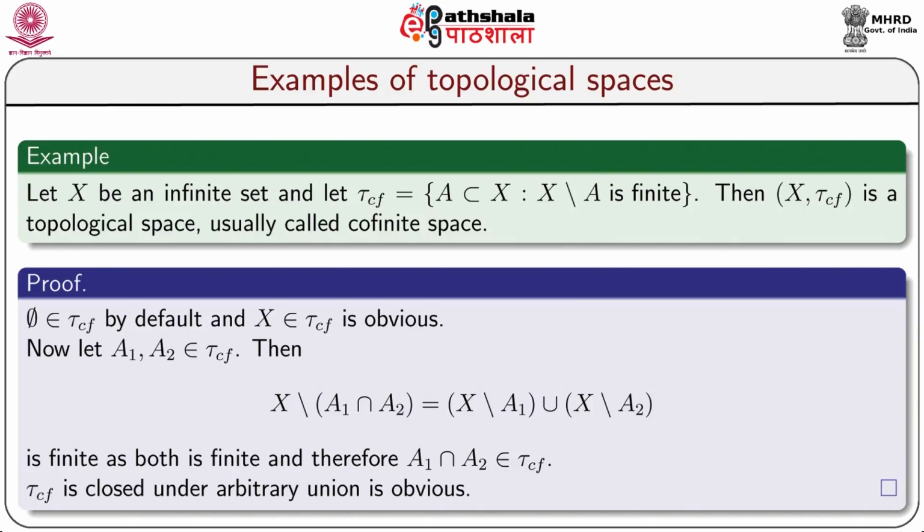Now as A1, A2 both belong to tau_cf, X minus A1 is finite, X minus A2 is finite. So the right hand side is finite. That means X minus (A1 intersection A2) is finite, that means A1 intersection A2 belongs to tau_cf. So tau_cf is closed under finite intersection, and it is obvious that tau_cf is closed under arbitrary union.